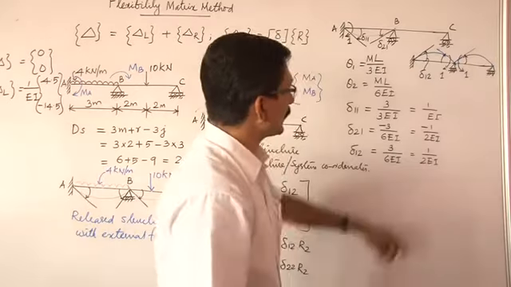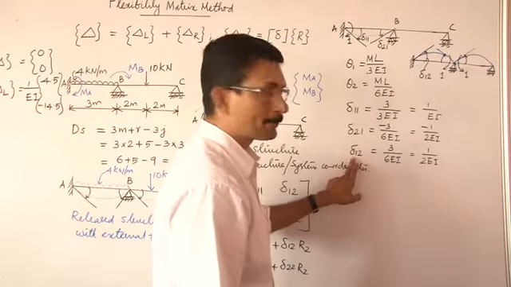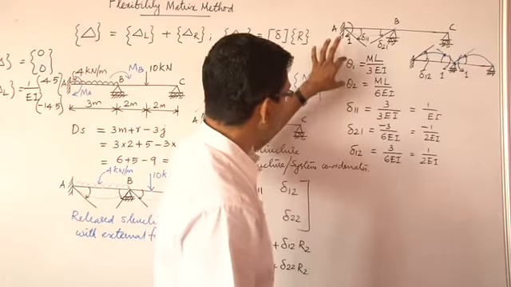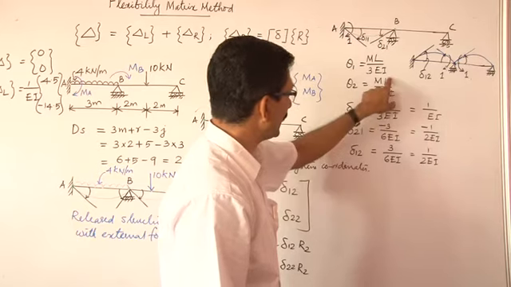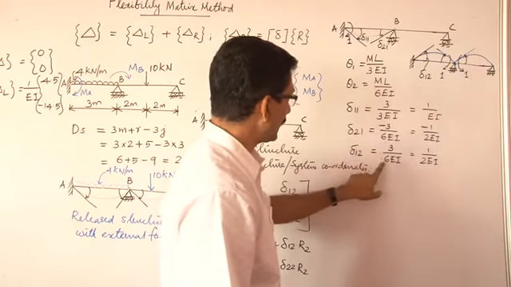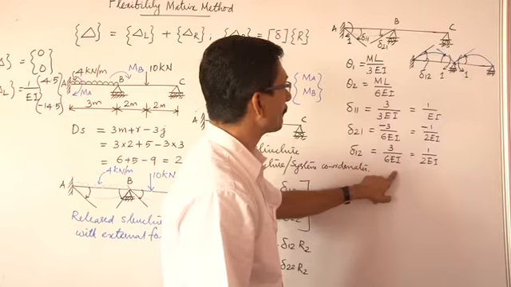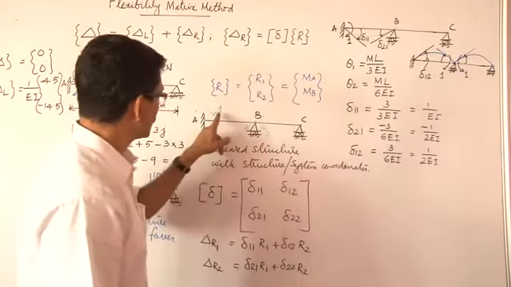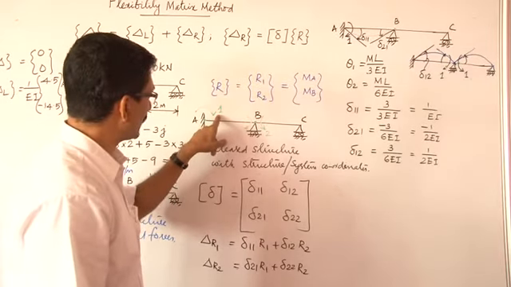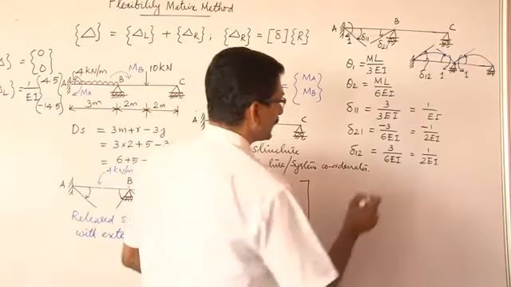Now, delta 12 is given here. That is equal to, using the same relation, the second one to be precise, M equal to 1, L equal to 3, divided by 6EI. Now this is anti-clockwise, but the coordinate here is clockwise, so we should have a minus sign for that.